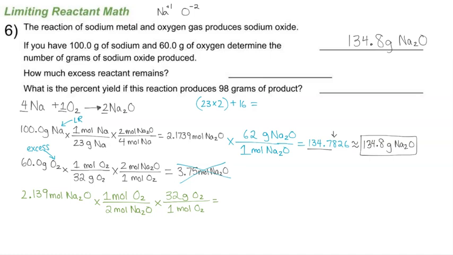So let's see. When we calculate this out, let's do this in a calculator. 2.139 divided by 2 times 32 gets me 34.224. Close to that. We actually might want to hold on to more significant figures here in our answer.